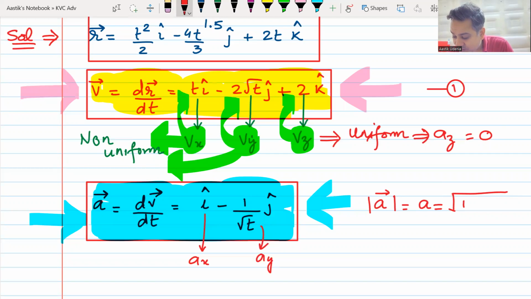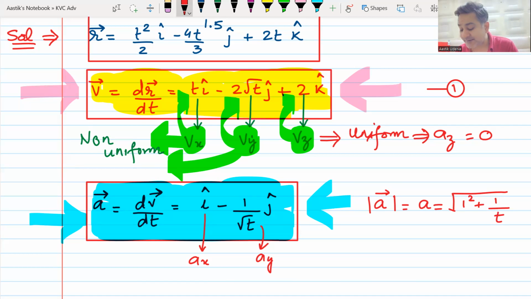So that will be equal to 1 square plus 1 by root t whole square. 1 by root t squared is 1 by t. Do we understand this? Yes, sir. So this is how you can find out the magnitude of acceleration.